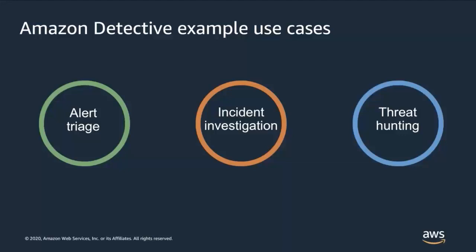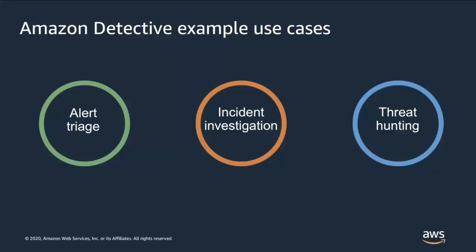How do you understand whether it's a true positive or a false positive, and get to that understanding quickly? That's a very common class of use case. Second is incident investigation. If you have identified something, how do you go deeper, root out what's really involved and what else is related, and understand the full scope of your incident before you take action? It's another area you're going to hear us talk about.